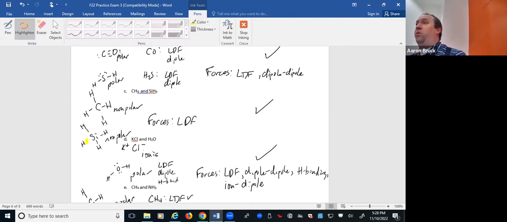What we have to remember is that a Lewis structure is not a three-dimensional drawing. We need to get it into three dimensions to accurately portray that. And when we do, we see that the lone pairs are going to be pointing in one direction, the bonding pairs are going to be pointing in a different direction. It's not symmetrical anymore.